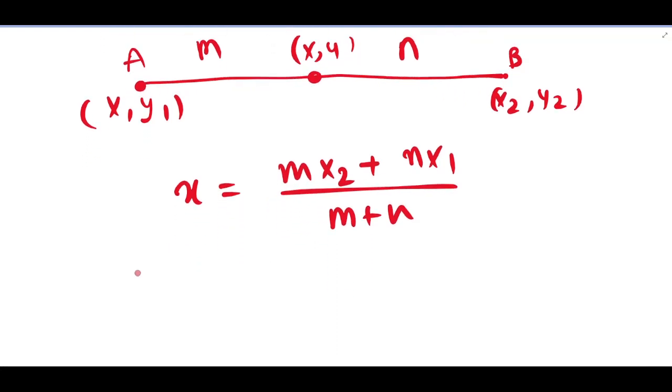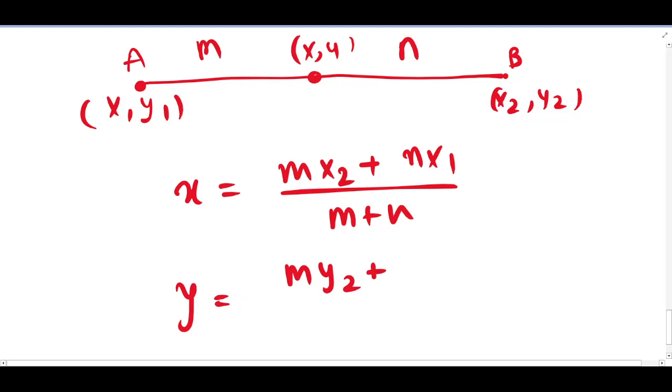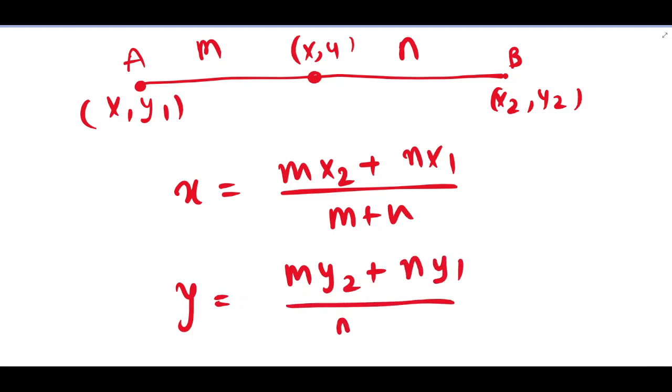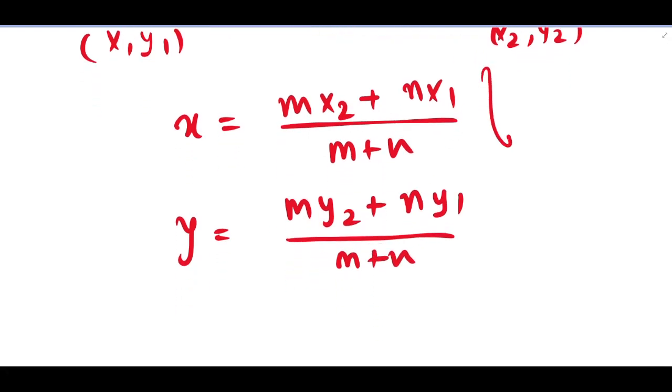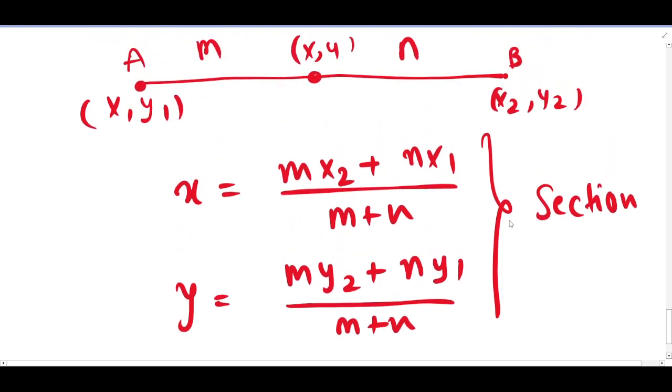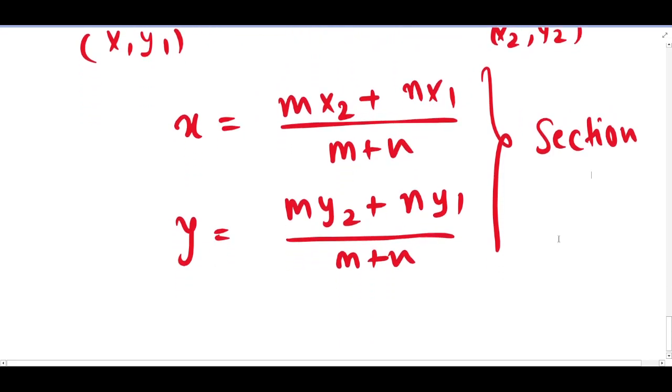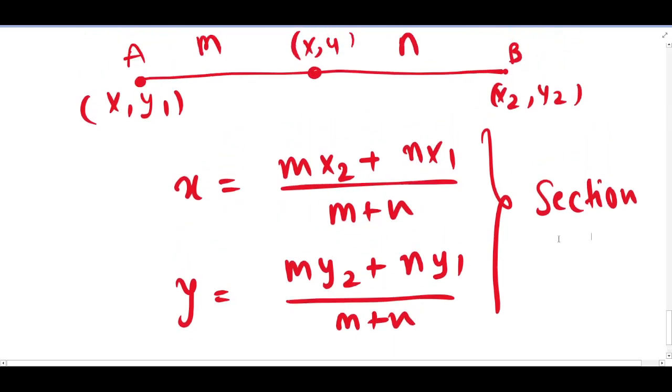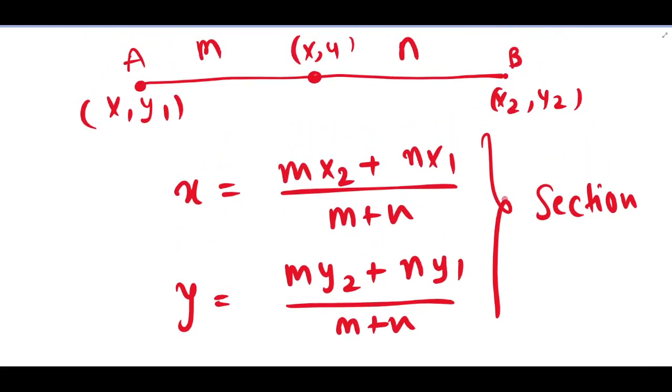Similarly, we can find the point for y, that is m y2 plus n y1 divided by m plus n. So this is known as the section formula. So whenever we have 2 points and the ratio is given, then we can find the point which divides the line in the ratio m ratio n.